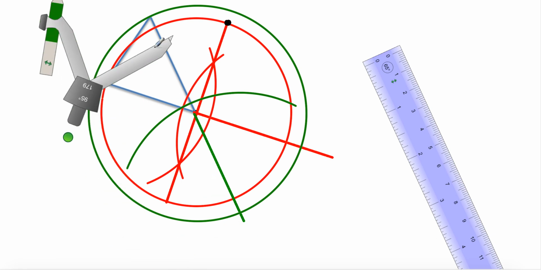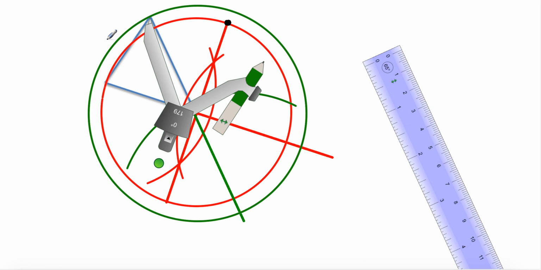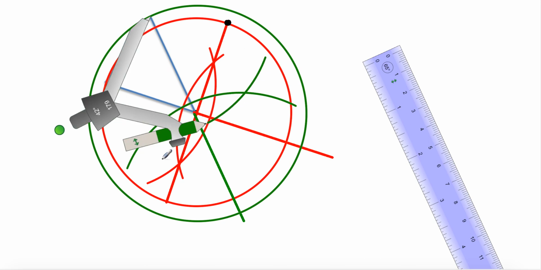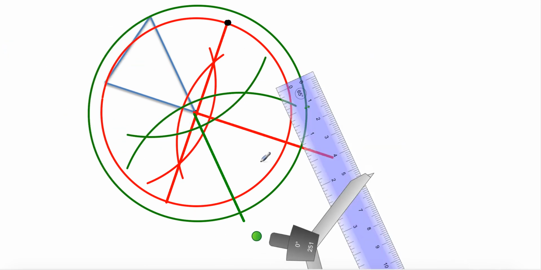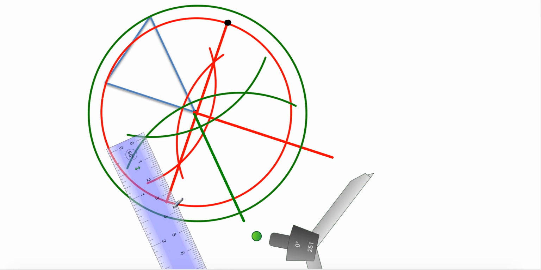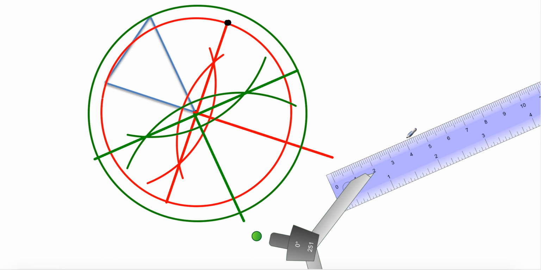Draw an arc. And then draw an arc. And we have drawn the perpendicular bisector.